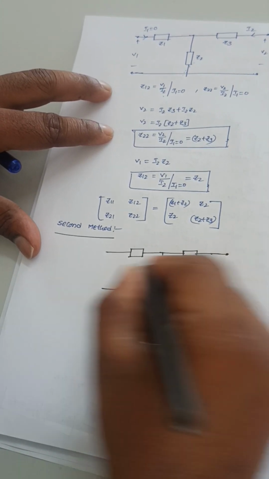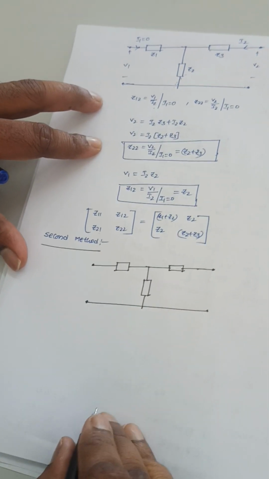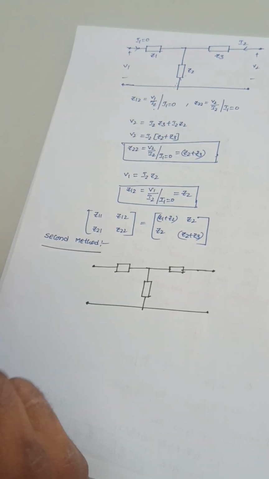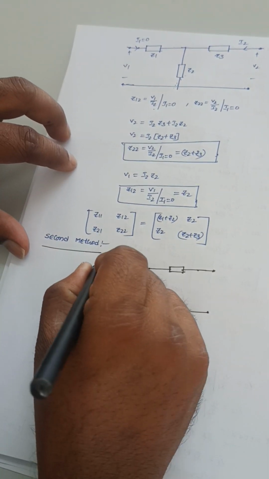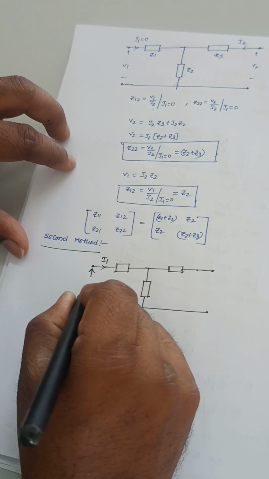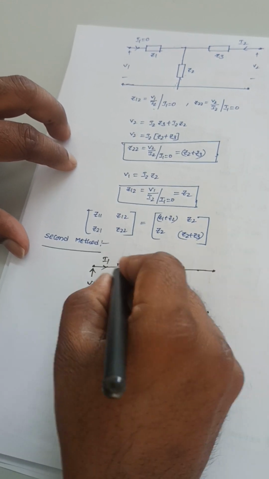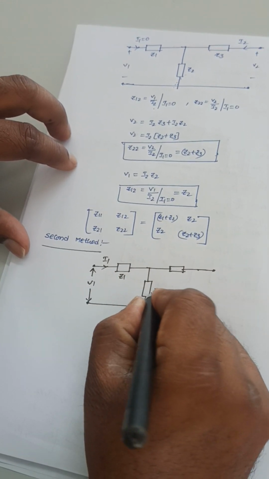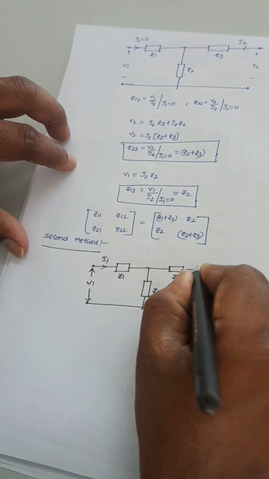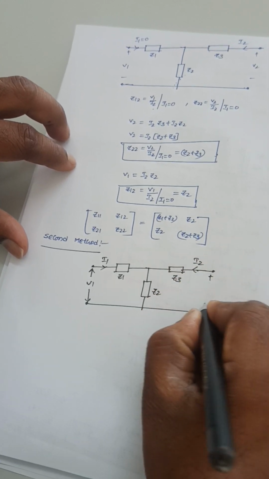So in this second method, we should use the mesh analysis. After using this mesh analysis, we will calculate these Z parameters, Z1, Z2, Z3, this I2, this V2.